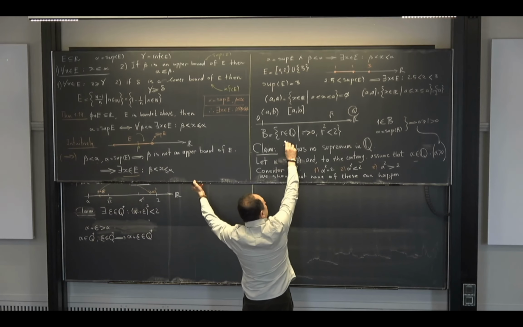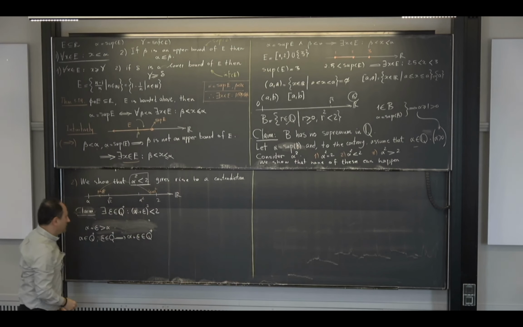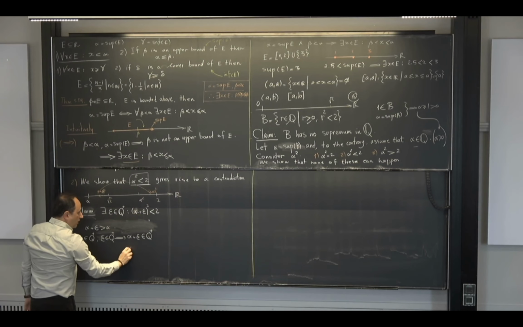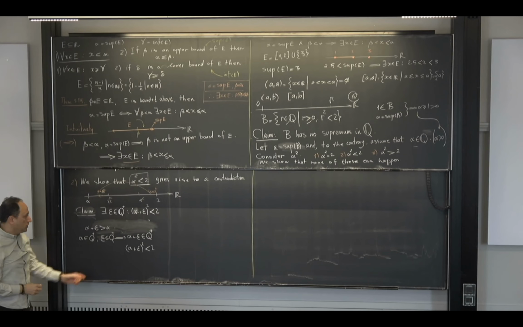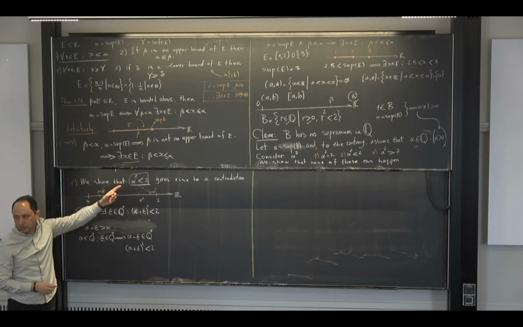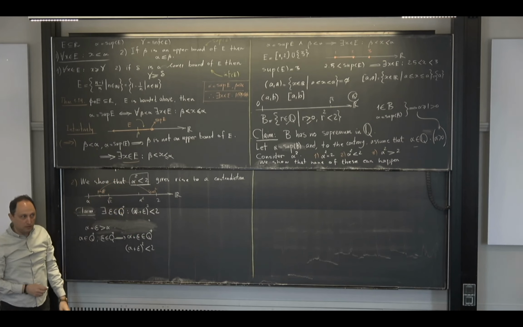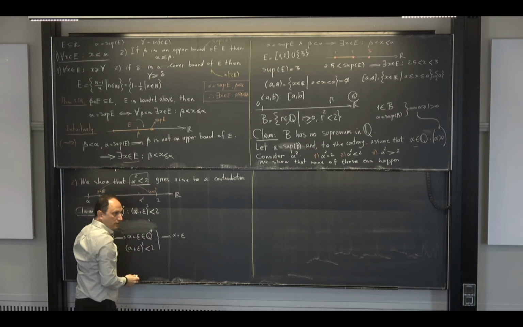This is guaranteed for alpha plus epsilon. And moreover, what is guaranteed? Alpha plus epsilon to the power of 2 is also less than 2. So alpha plus epsilon respects all those three conditions. So then it goes into B. From here you can conclude that alpha plus epsilon goes to B.